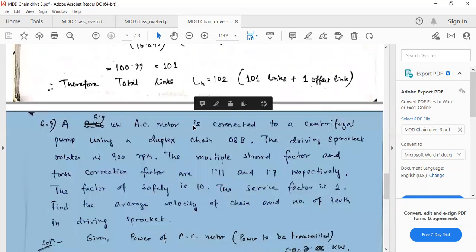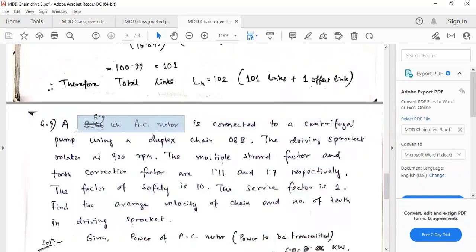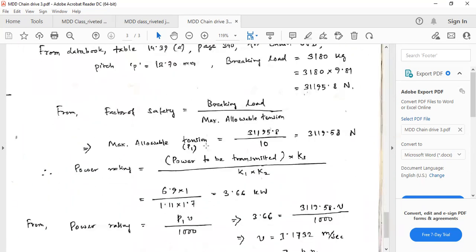Whatever is the rated power of the motor, that is the power to be transmitted. The power to be transmitted is the power of the driving unit, multiplied by Ks divided by K1 and K2, which gives you the power rating. So all the values are given: 6.9 is the power of the AC motor, multiplied by 1, that is the value of Ks, divided by 1.1 into 1.7, gives you the power rating.